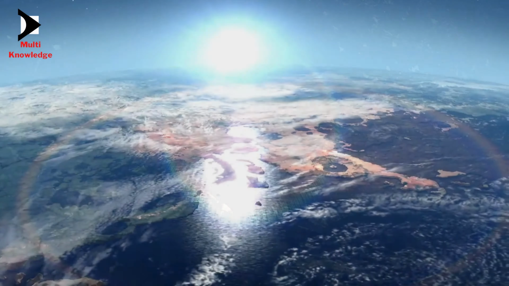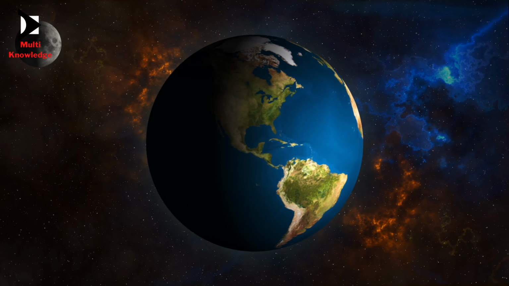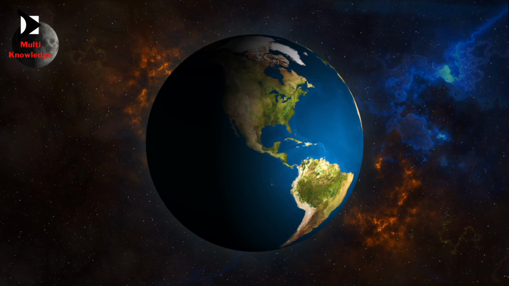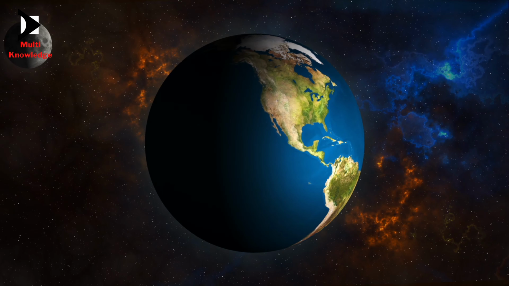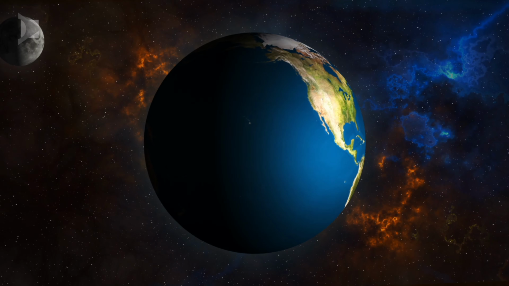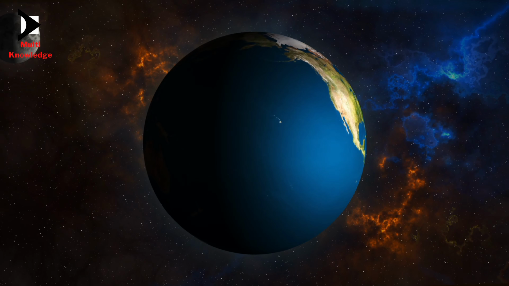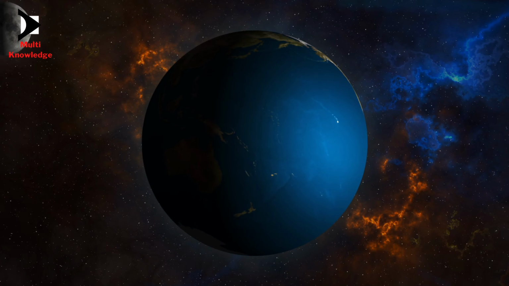The crust is divided into two main parts: the continental crust and the oceanic crust. Oceanic and continental crusts differ according to their composition, density and thickness. The oceanic crust is relatively new, with no part of it being more than 200 million years old.